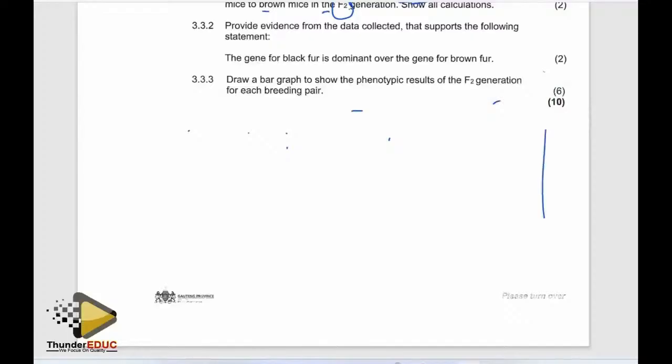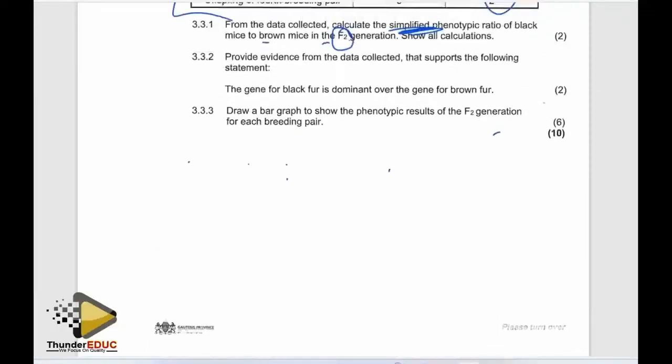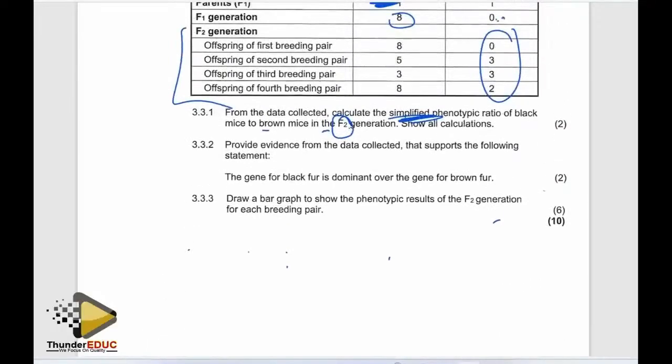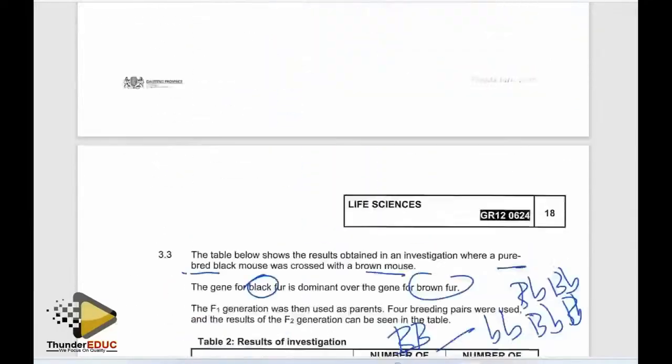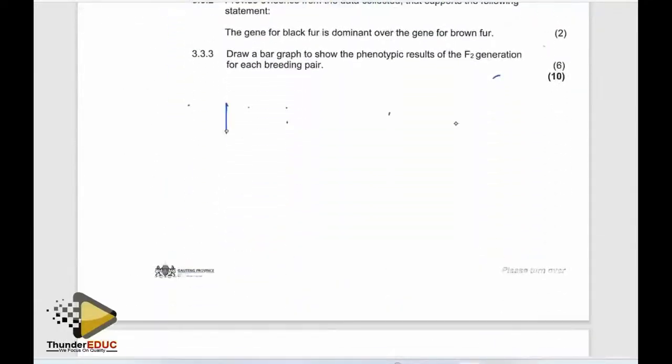Use that formula, the ID formula: this one is X and this one is Y, so this one is going to go on Y, and this is going to go on X.